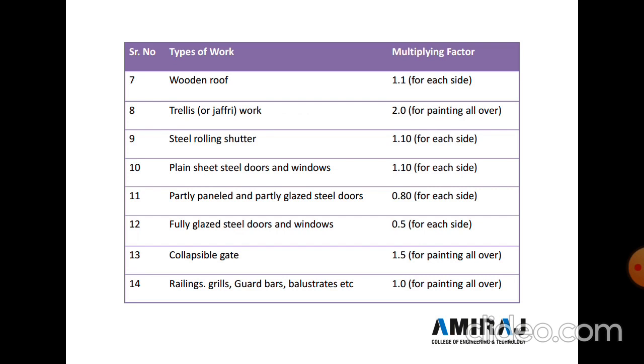Partially paneled and partially glazed steel door, 0.8 for each side. Fully glazed steel door and window, 0.5 for each side. And collapsible gate, 1.5 for painting all over. And railing, grill, guard bar and balustrade, multiplying factor is 1.0 for painting overall.